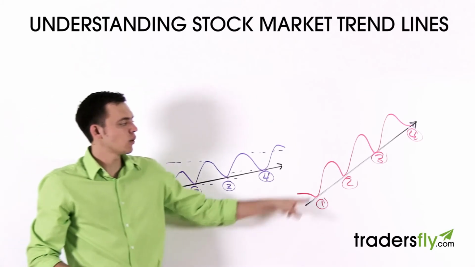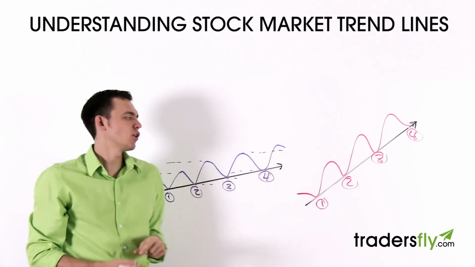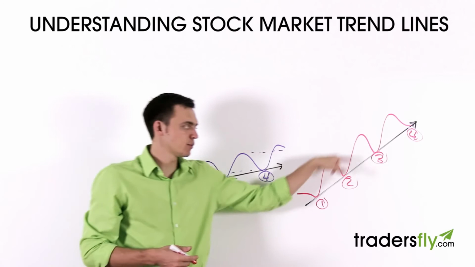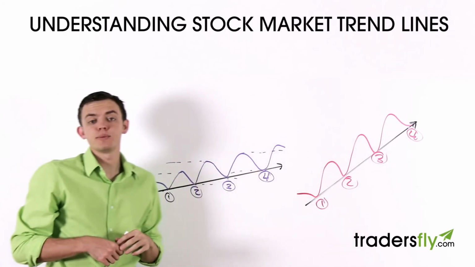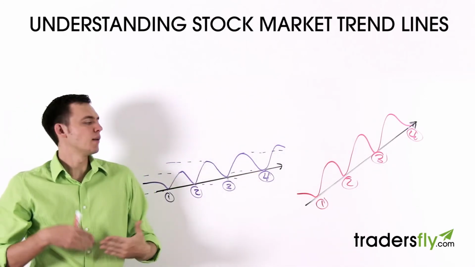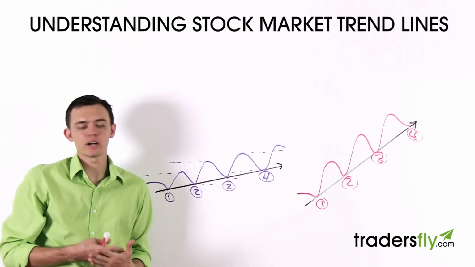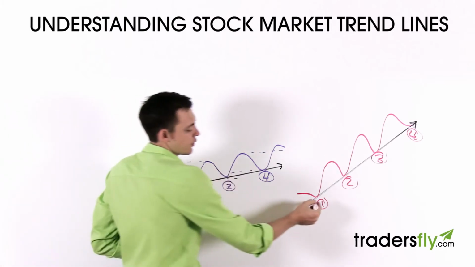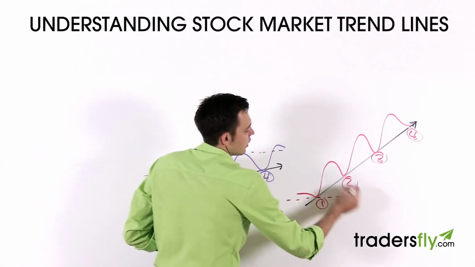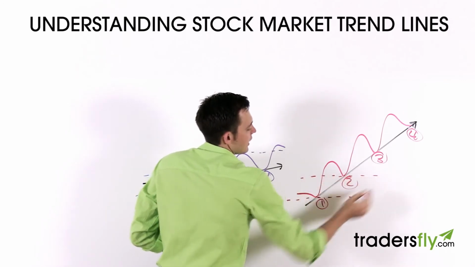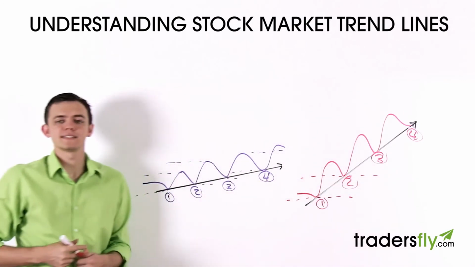Now on the second one, the slope or the angle is so much greater, and because the angle is so much greater, that price movement is running through all the different prices a lot quicker. So for it to have support and resistance at this level or this level, it's very weak support and resistance.